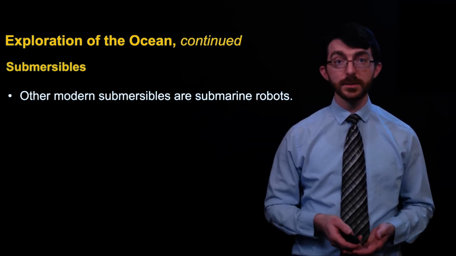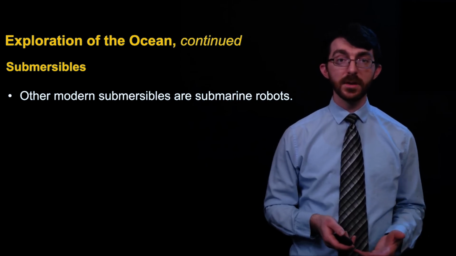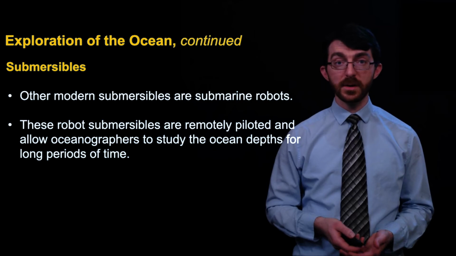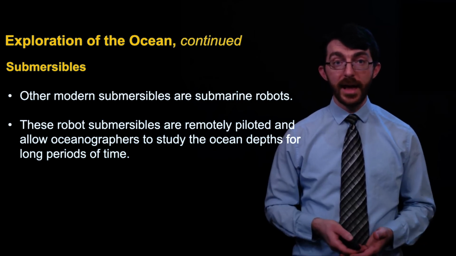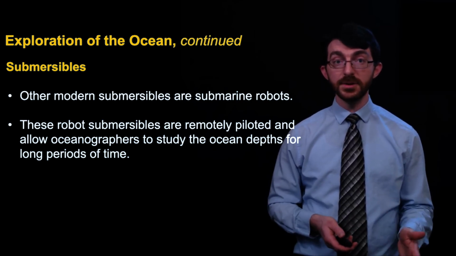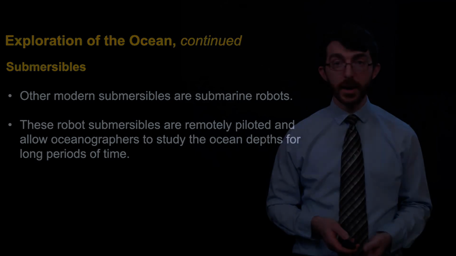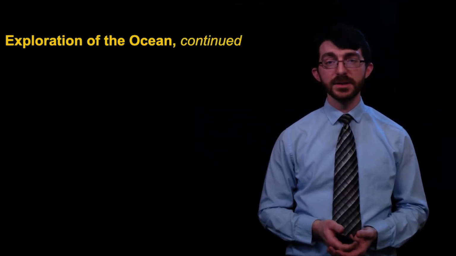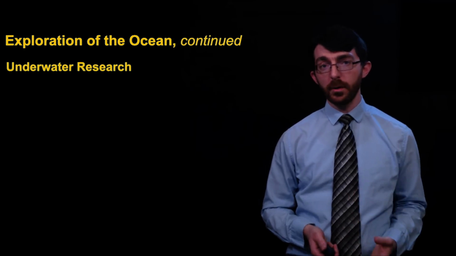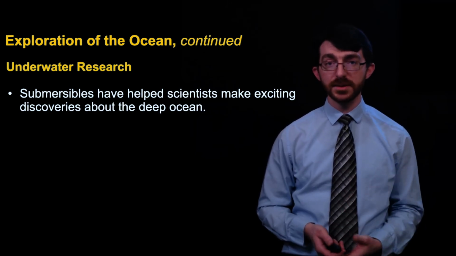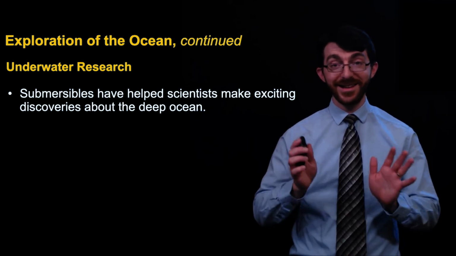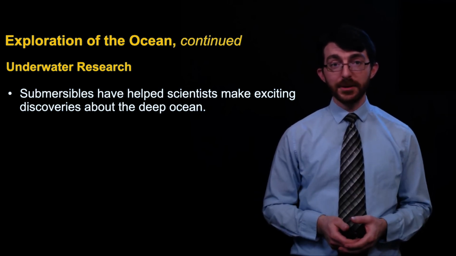Continuing with submersibles, there are other modern submersibles like submarine robots. These robot submersibles are remotely piloted and allow oceanographers to study the ocean depths for long periods of time. Right, so continuing on with the exploration of the oceans, when it comes to underwater research, submersibles have helped scientists make exciting discoveries about the deep ocean.